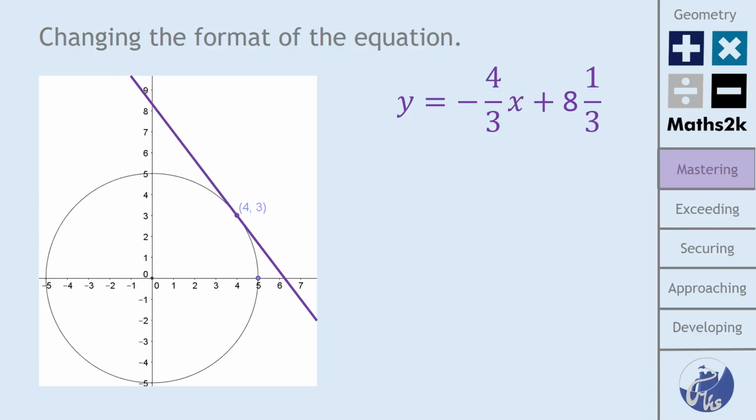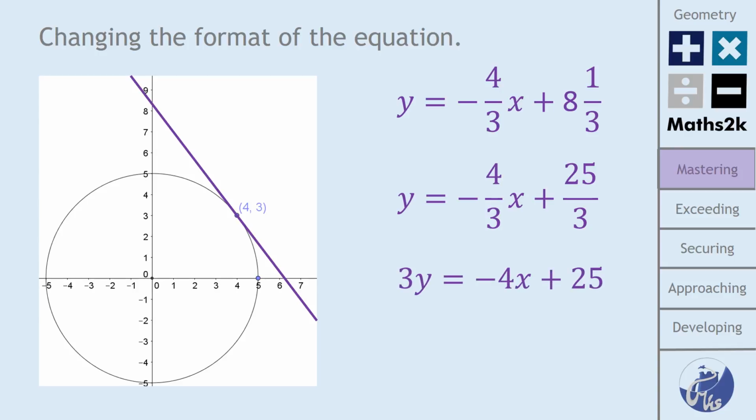So if you want to do that final part, then the first thing you do is change any mixed numbers into an improper fraction, which is why I didn't change the gradient in the first place, so that I could do this later on. But now, since they both have a denominator of 3, to get rid of that, I'd multiply through both sides by 3, which would give me this equation, and then I'd neaten it up a bit by moving the 4x to the left by inverse operations, giving me 3y plus 4x equals 25.